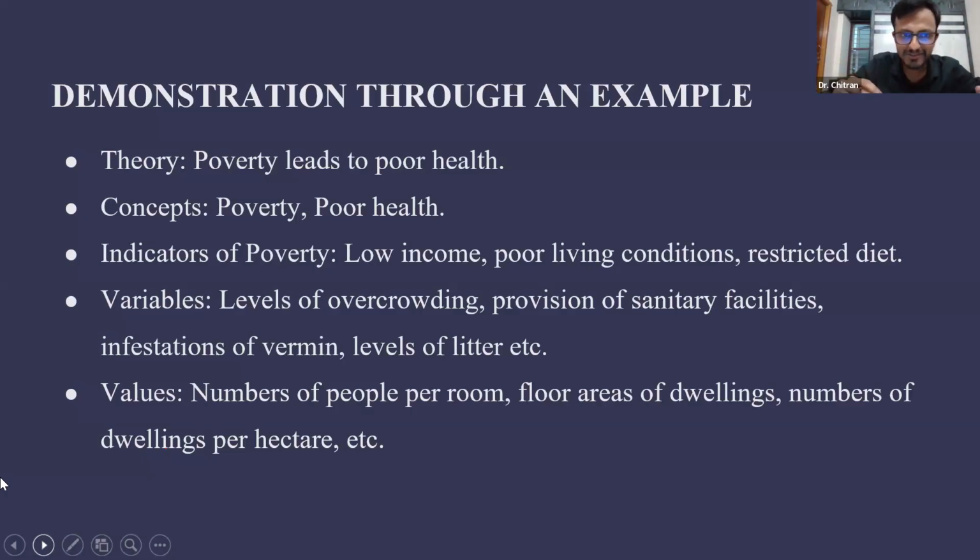Then you go to variables: levels of overcrowding, provision of sanitary facilities, infestations of vermin, like some epidemic diseases, the levels of garbage that is being piled up. These are visible things. You can see it on the ground. These are the visible evidences or manifestations of poverty, and also poor health.